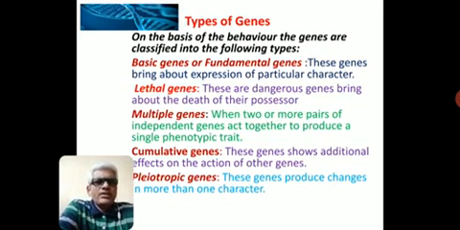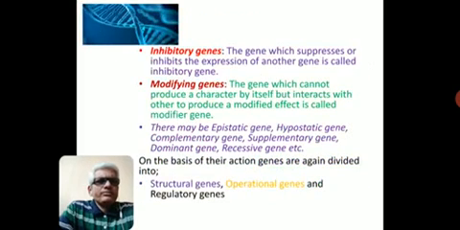Another type is the pleiotropic gene. The gene produces changes in more than one character, bringing about different changes for producing more than one character. Likewise, friends, there are inhibitory genes.